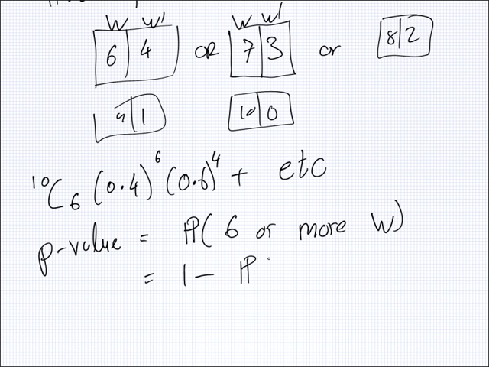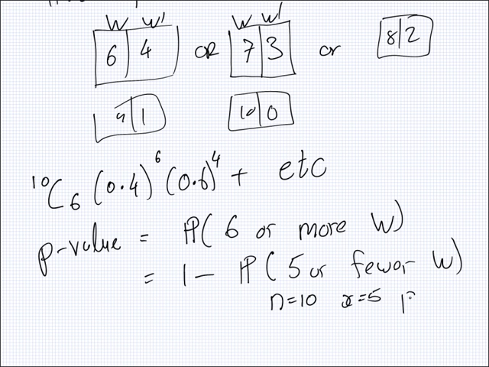So what's the opposite of 6 or more? 5 or less, is it? Yeah, 5 or fewer W's. So here, what's the n? The n is 10. The x is 5, and the p is, what's the w? 0.4. So it's 1 minus that book value.